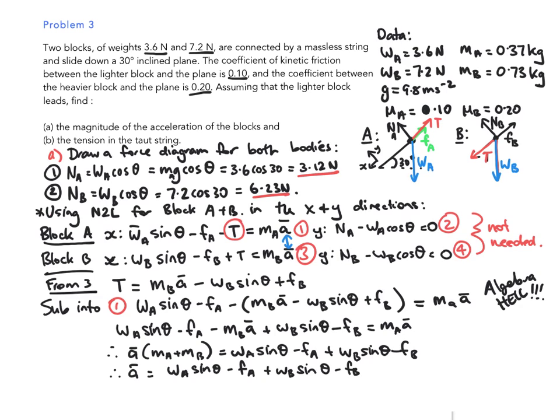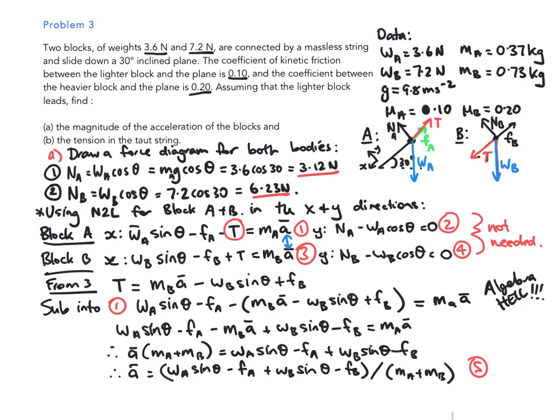Bear in mind, you could have done the algebra completely differently. And we divide all of that by m_A plus m_B. Whatever works for you with the algebra. So I'll call that equation 5.